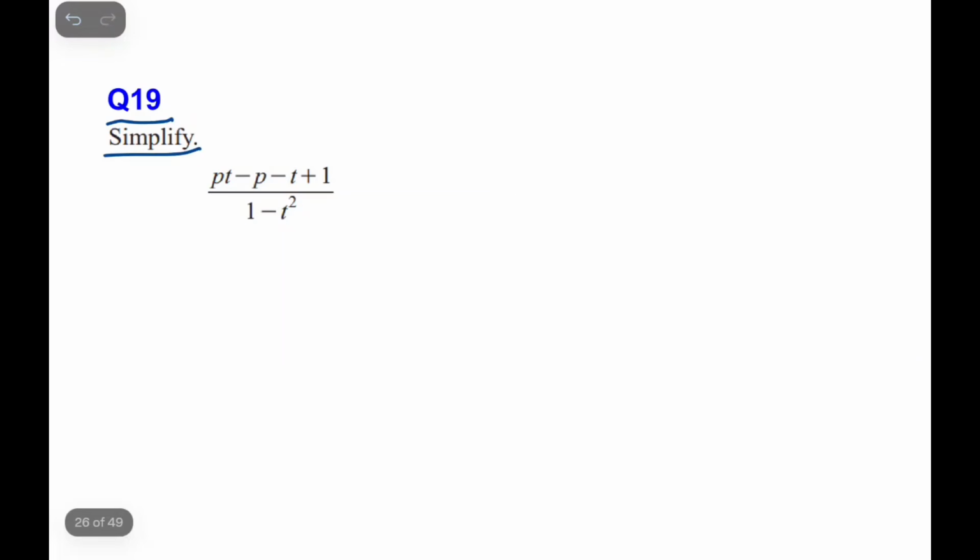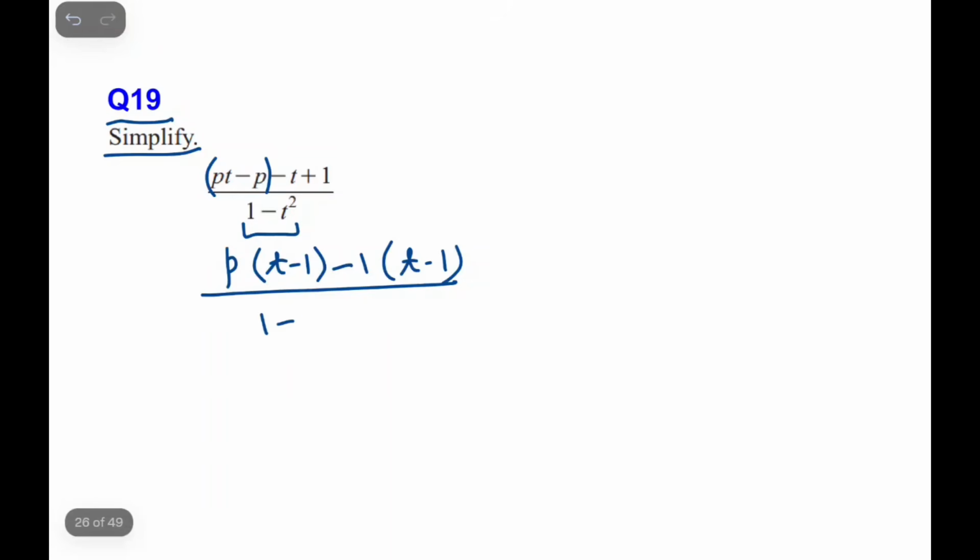Question number 19, we have to simplify. So from the first we can take p common. We are getting t minus 1. So minus 1 common, we get t minus 1 upon. Now in the denominator we can apply the formula of a square minus b square. So it will be 1 minus t times 1 plus t.